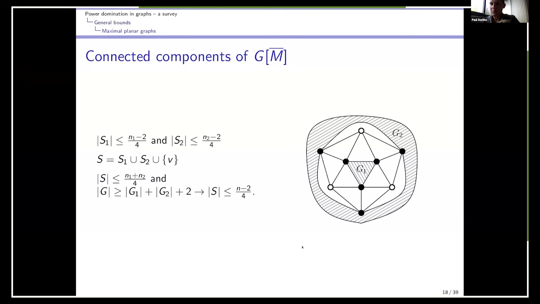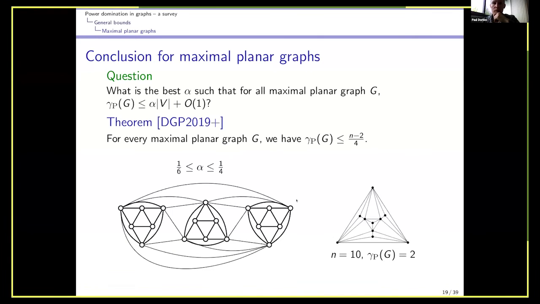So sometimes the moral is that trying to prove a stronger bound turns out to be easier, in this case in particular. And so we managed to get this bound of (n-2)/4, but the question, for a maximal planar graph G, of what is the best alpha such that the power domination number of G is at most alpha|V| plus O(1), is an open question.